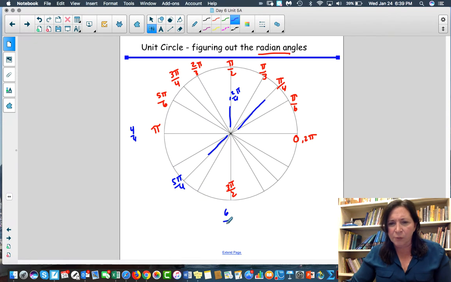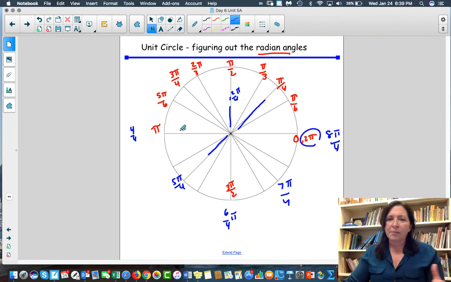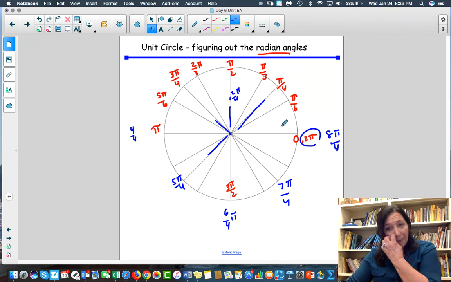This is 6/4. 6/4 pi is 3 pi over 2. And then this would be 7 pi over 4. And then this, of course, would be 8 pi over 4. And that's our 2 pi. Okay, so that's counting by fourths. Again, 1/4, 2/4, 3/4, 4/4, 5/4, 6/4, 7/4, 8/4.